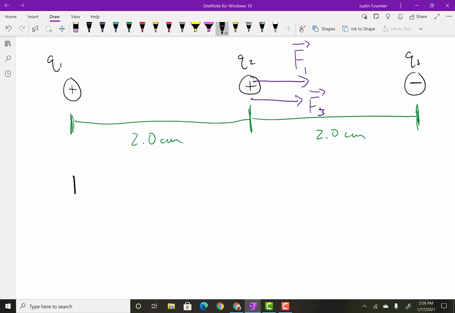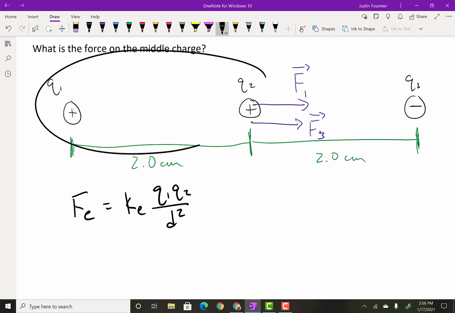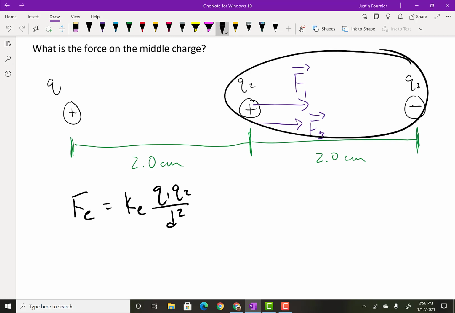So the equation I'm going to use is that the electric force is equal to Coulomb's constant multiplied by Q1 Q2 divided by d squared. In this case, we'll start with 1 and 2, and then we'll do 2 and 3.